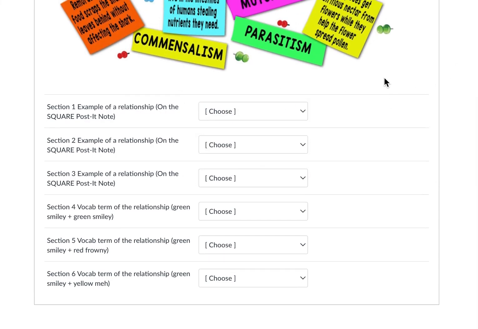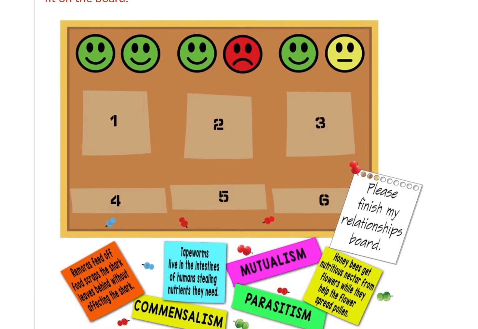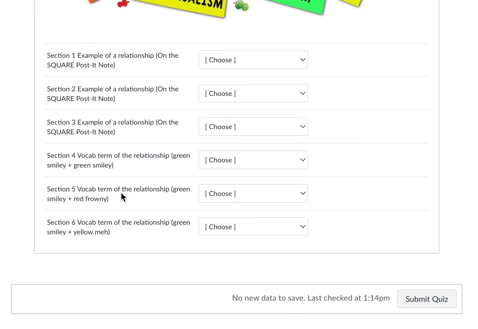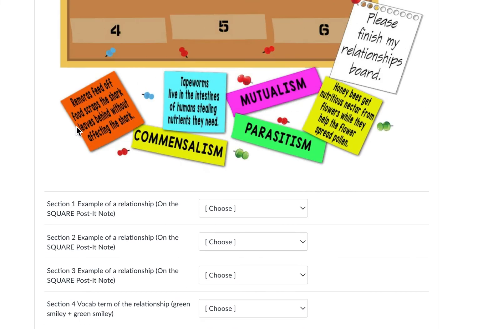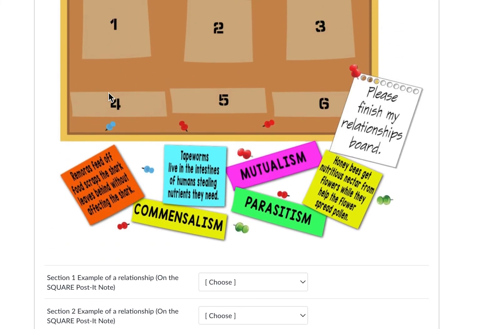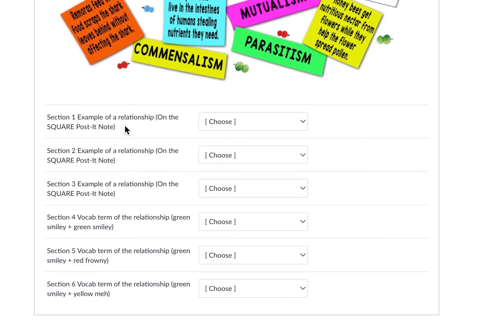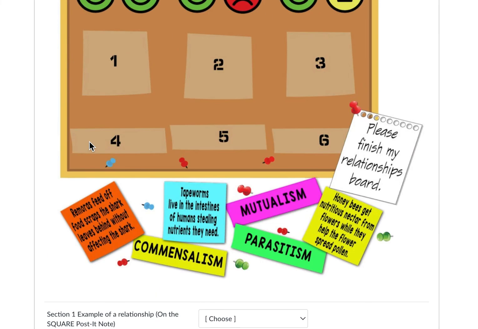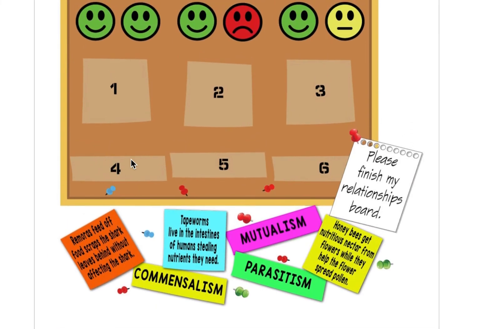Okay. Going closely along with number one is actually the 4, the name below it. So pay attention that this is the number 4 down below. Okay. So use these numbers here to answer these here. So the number 4, what do we call that? Do we call that, when both are happy, mutualism or parasitism or commensalism?